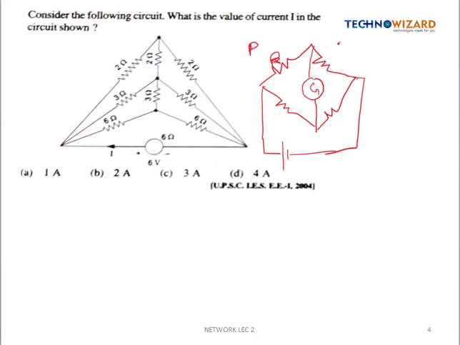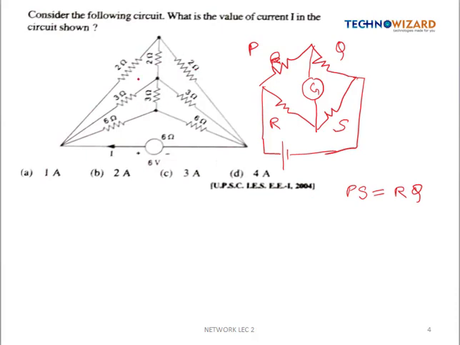If this is P, Q, R, S, then this bridge will be called a balanced bridge if the product of opposite arms, I mean P into S, will be equal to R into Q. So this concept we're going to use in this question.